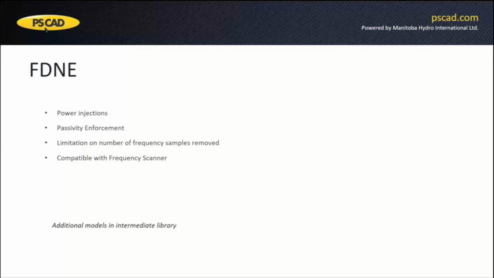You can specify the amount of power that you want to come out at the point of connection, and then it's read from a file, and the power is maintained so that you have the same as the original network.